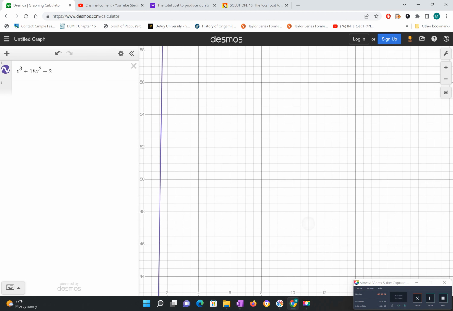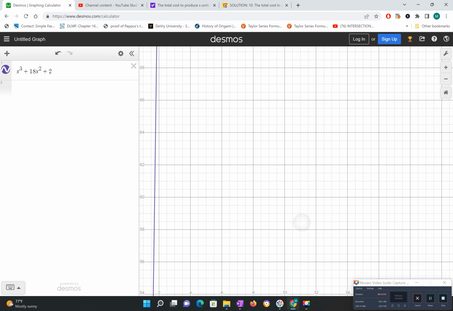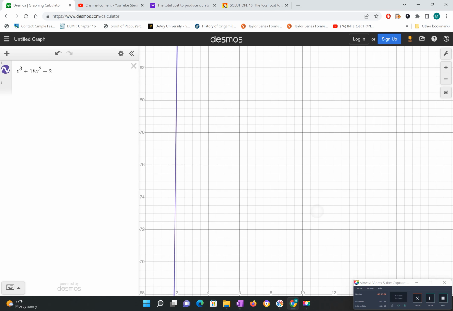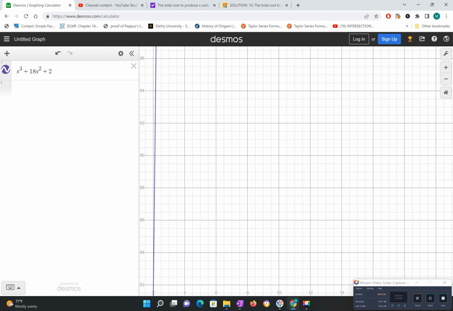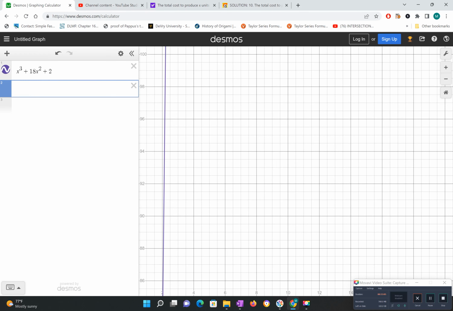Okay, a lot of it. You can always take the first derivative, by the way. Let's go ahead and do that. 3x raised to the second will give us a better look.